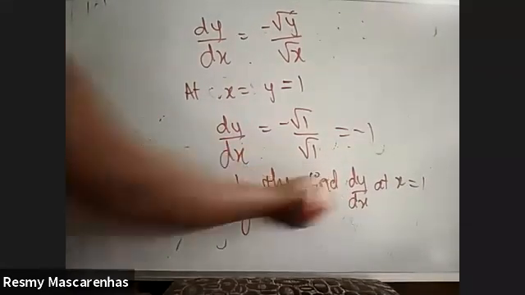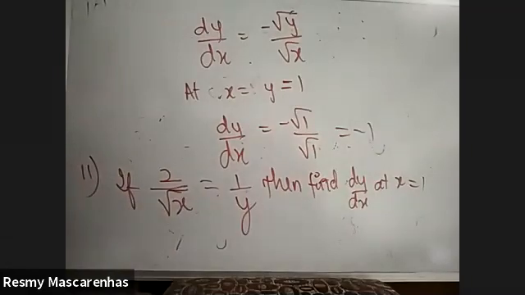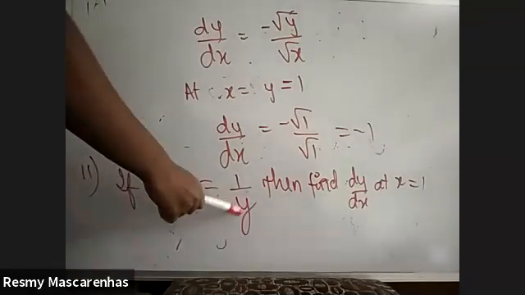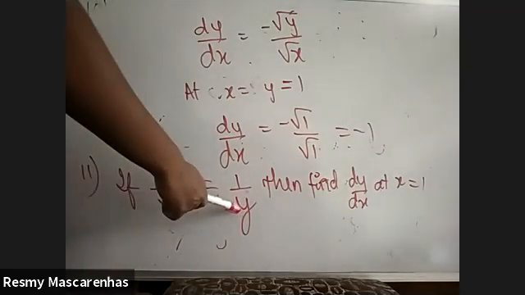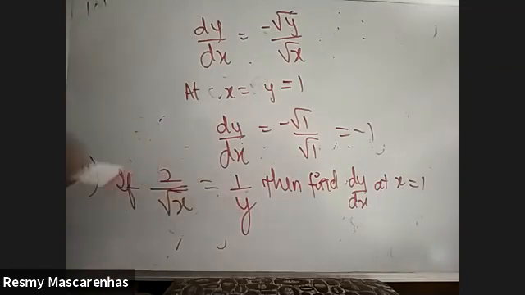Then find dy by dx at x is equal to 1. So what you do, just bring this up. Numerator, this one you can bring up. Okay, same way root x also you can take up and then find the answer.